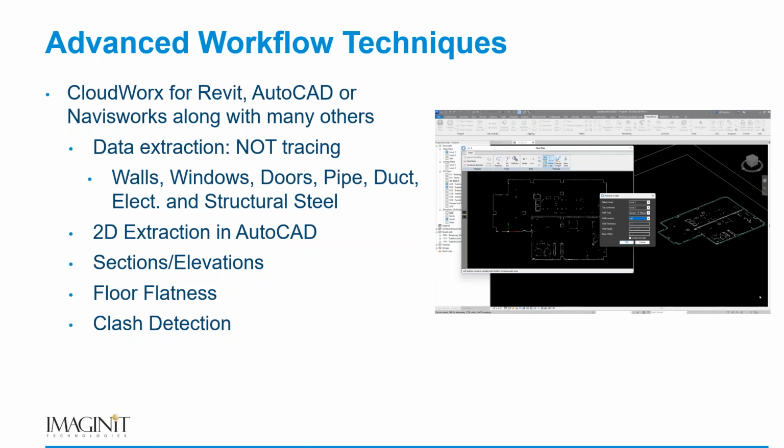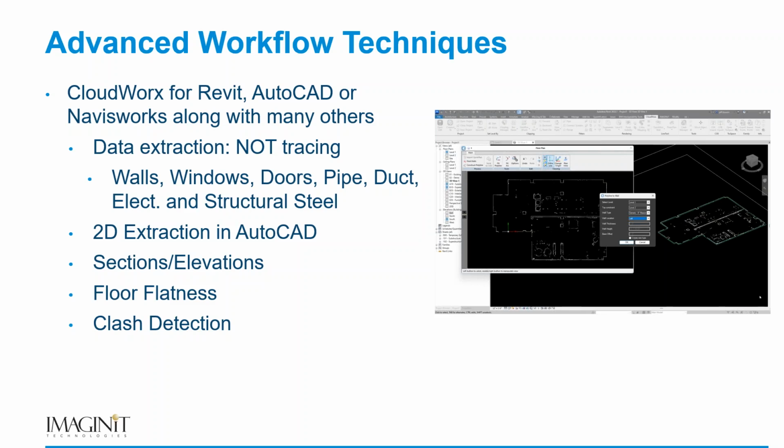All right, giving the AutoCAD world some love. Again, it's not just, oh, I scanned this big building, I need a 2D AutoCAD drawing, so I'm going to just sit here and trace it. No, absolutely not.